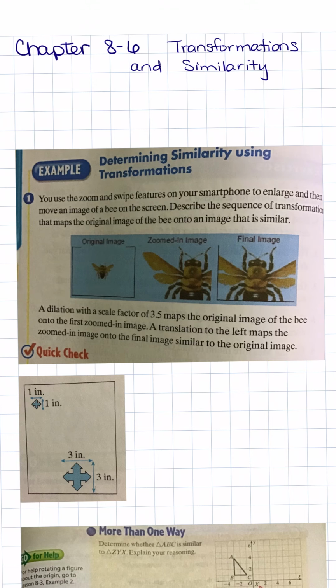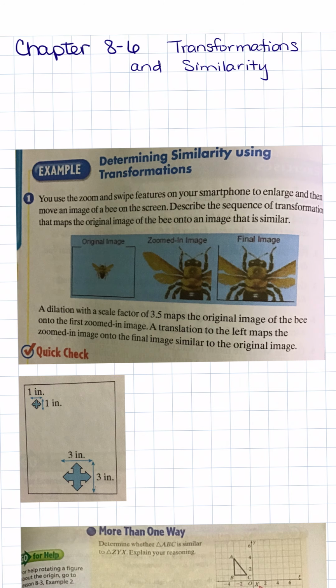Class, today we're looking at Chapter 8, Lesson 6, Transformations and Similarities. Smartphones and tablets have a zoom feature that makes a figure larger or smaller. A swipe feature lets you slide the figure around on the screen.